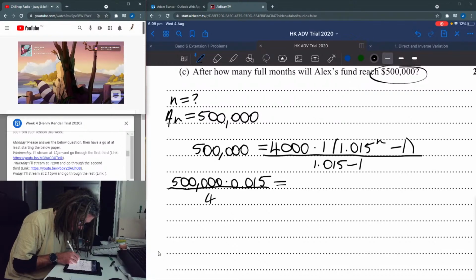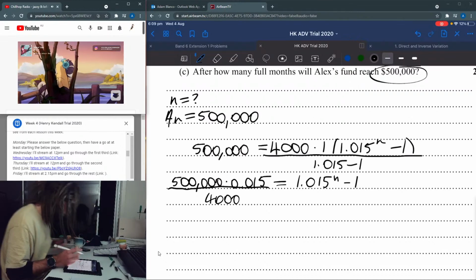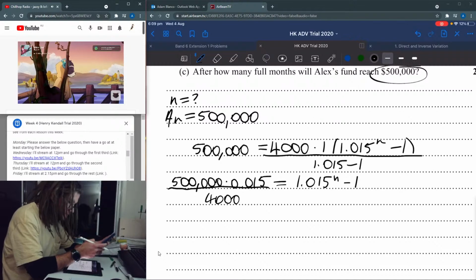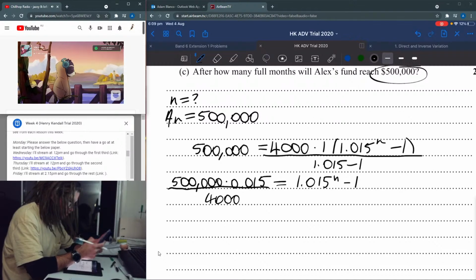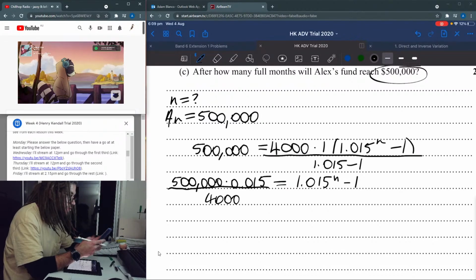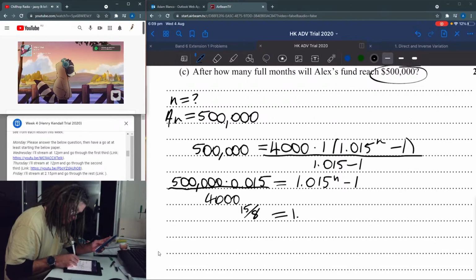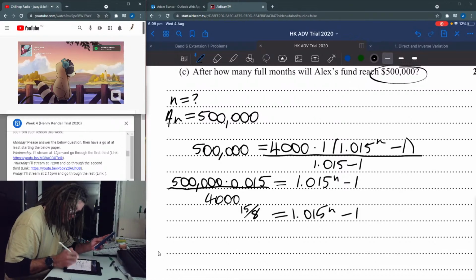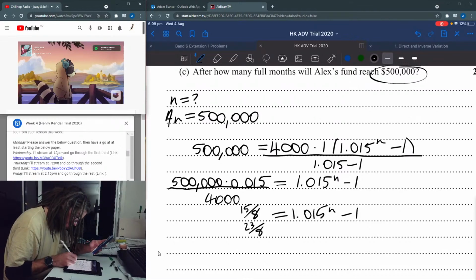Divide by 4,000. It's going to equal 1.015 to the n minus 1. Times 0.015 on 4,000. 15 on 8. Ooh, getting nice numbers here. 1.5 and minus 1. Let's add one. That's 23 on 8.